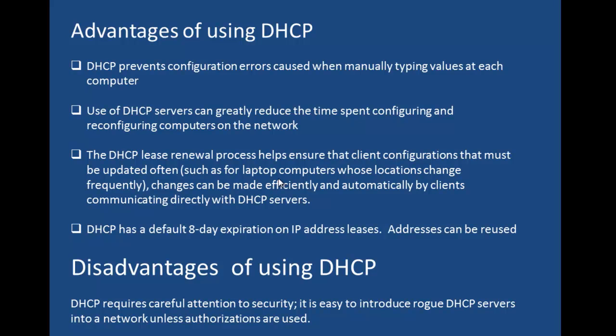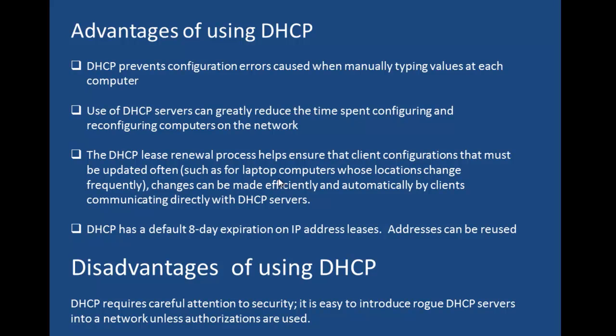What disadvantages do you have when you use DHCP? Well, one thing about DHCP, you need a DHCP server on your network if you have lots of client computers to give out IP addresses.